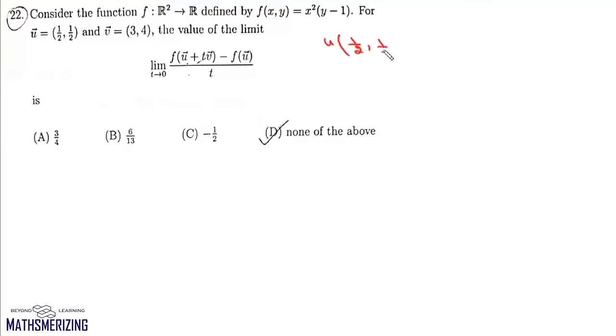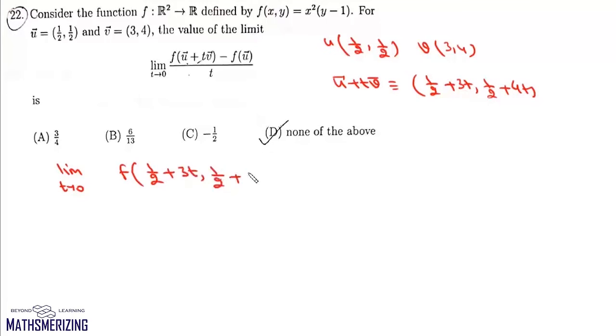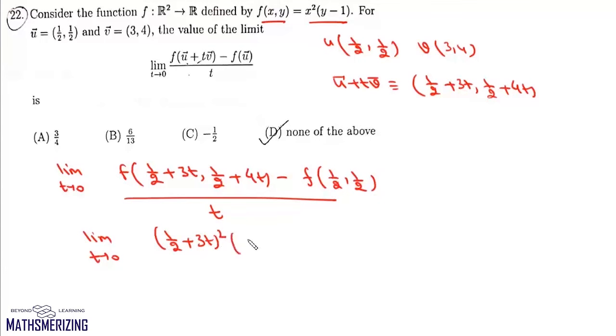So we have to find this limit, which is limit t tends to 0 (f(1 by 2 plus 3t, 1 by 2 plus 4t) minus f(1 by 2, 1 by 2)) by t. Now f(x, y) is x square into (y minus 1). So we can write this as limit t tends to 0 of (1 by 2 plus 3t) whole square into (1 by 2 plus 4t minus 1), and then minus 1 by 4 into minus 1 by 2, upon t, which is 0 upon 0 form.